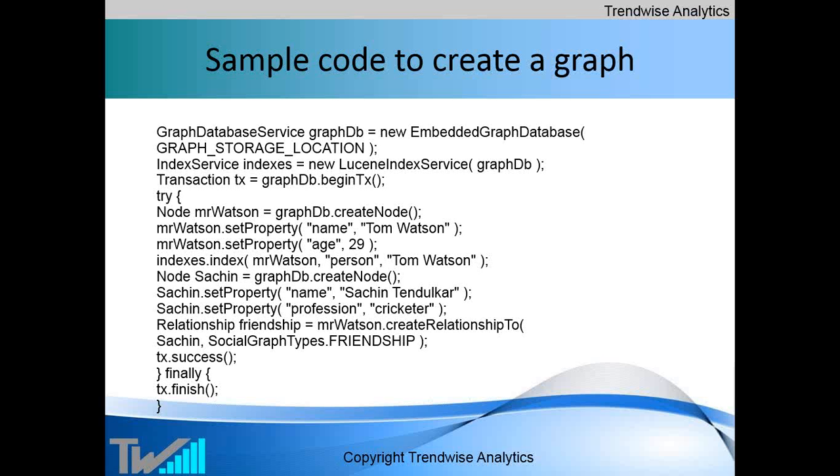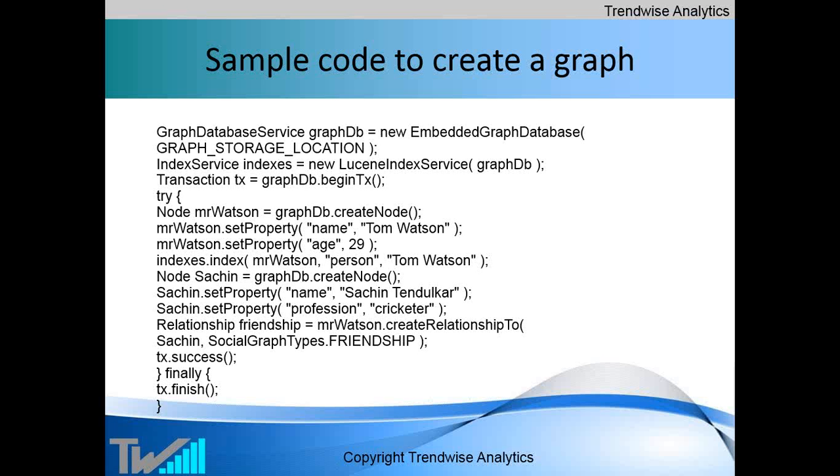So this is sample code for creating a graph. Again, this is by no means complete; I should probably call it a code snippet. In order to create a new graph DB, you create a new object, and then you keep adding nodes. In this case, for example, you're creating a new node, Mr. Watson, and then you use methods like set property.